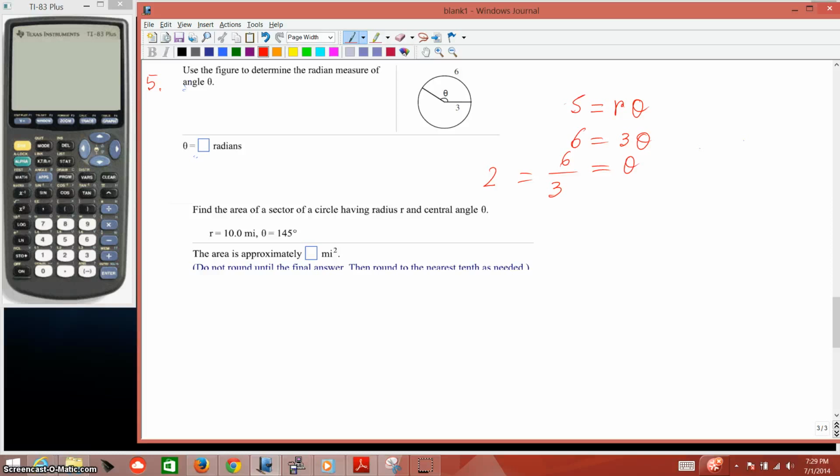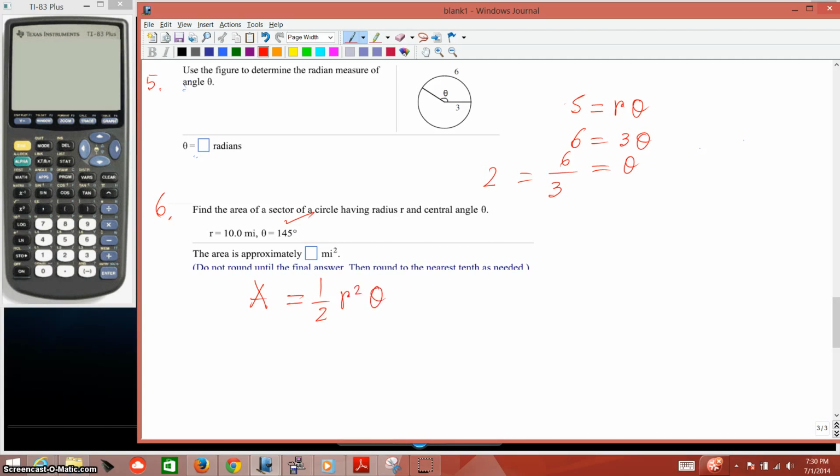Now look at the very next question, which is to find the area of a sector of a circle having radius r and central angle theta. I'm pretty sure you may already notice something very important. Here r is given, and theta is given to be 145 degrees. The area of a sector is half times r squared theta.